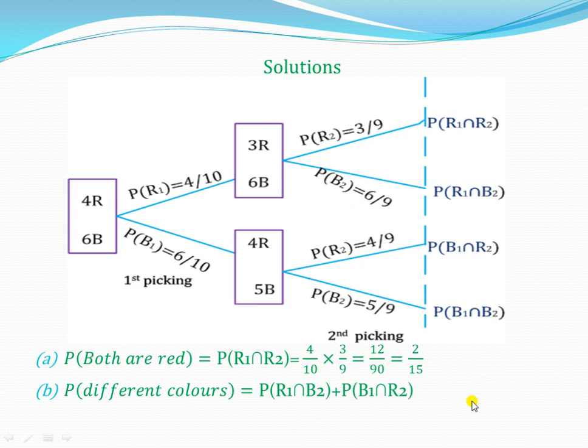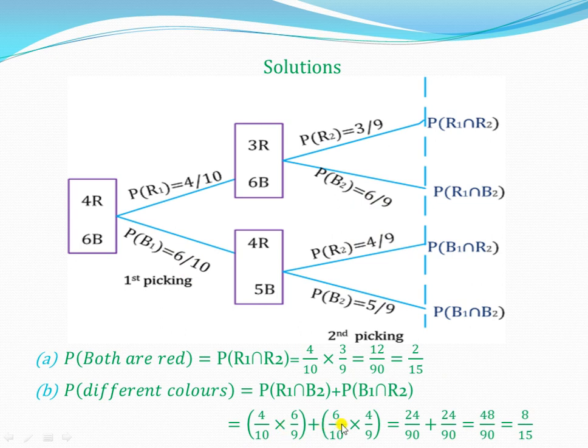And that gives you the probability of different colors. So when you substitute your values correctly, multiply them correctly, and add them correctly, you will come up with 48 out of 90, which can be simplified to 8 out of 15. That is by dividing through by 6. So that gives us part B of the question.